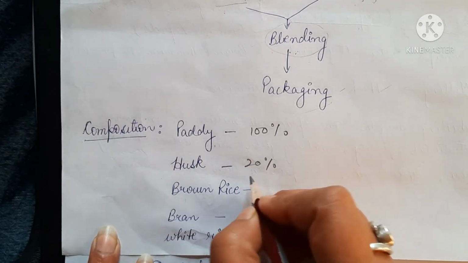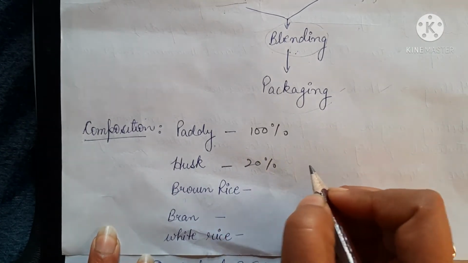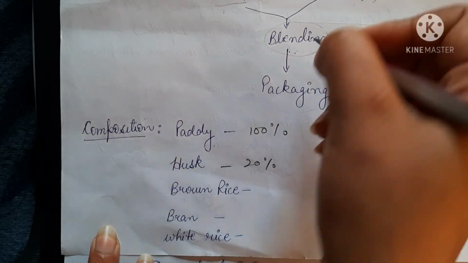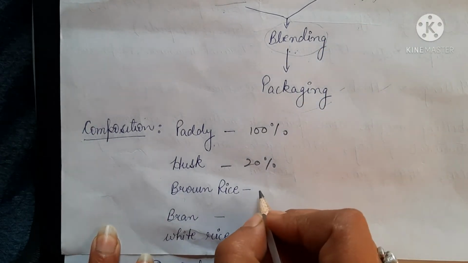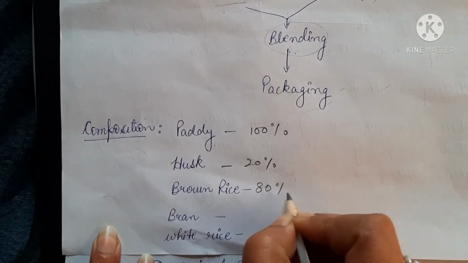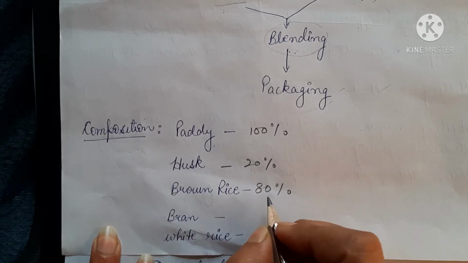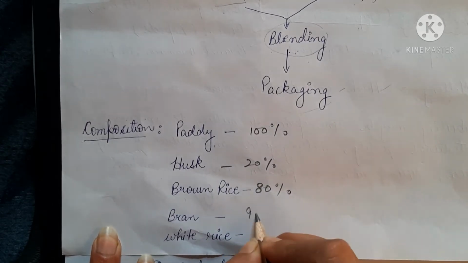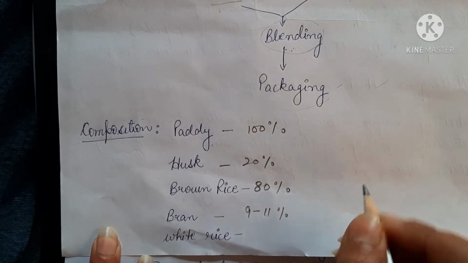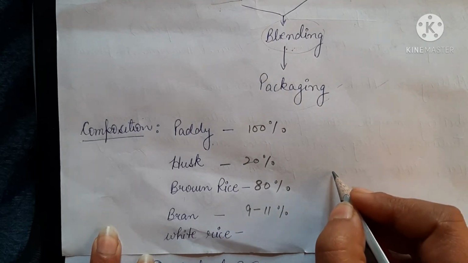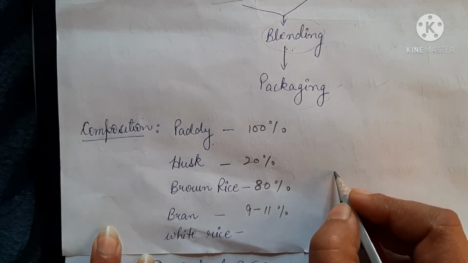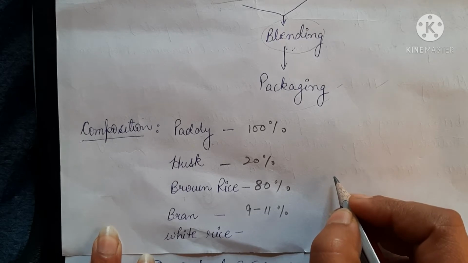So when 20% husk is removed from 100%, what we are left with, if you have understood what I have taught you before, is 80% brown rice. Now in this brown rice, 9 to 11% is your bran, that is the outer layer of rice. Guys, if you have not seen my previous videos on the structure of rice, please go through them and you'll be able to clear all your concepts.